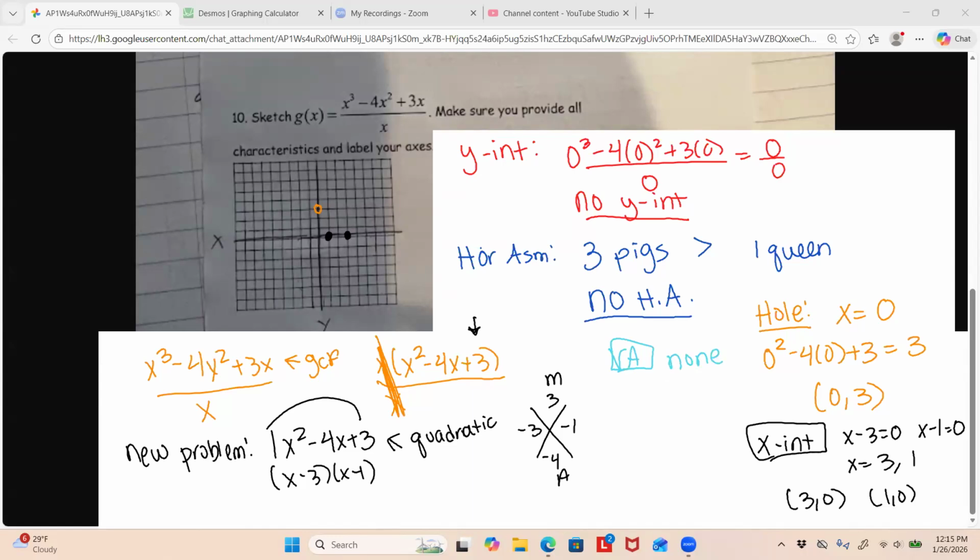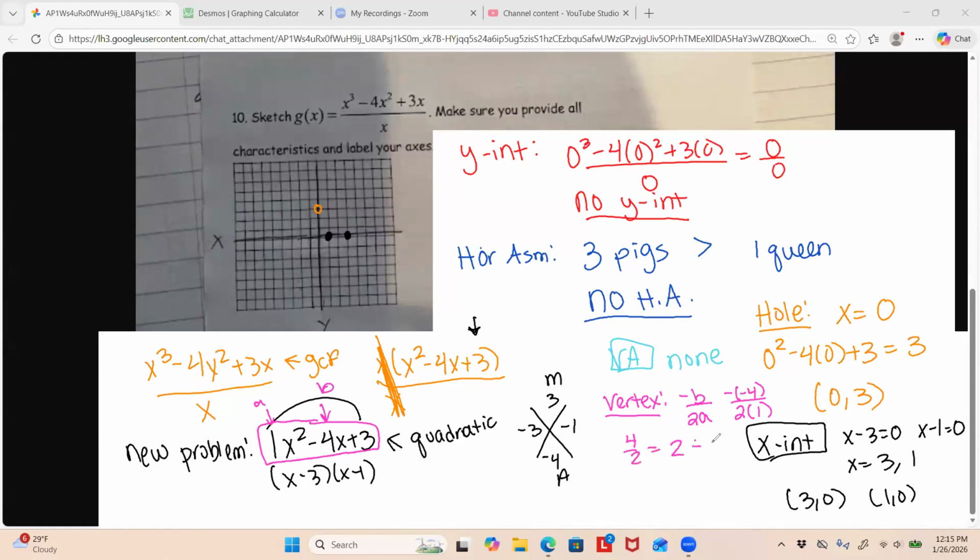And now, since it's a quadratic, I would love to get the vertex. And remember, you can just look at this form before the factoring. You're going to do negative b over 2a. So this is our b, so it's going to be negative negative 4 over 2 times 1, and this is our a. So that's going to be regular 4 over 2, so that's 2.